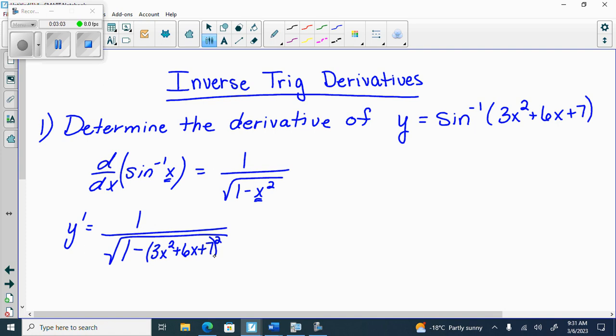Now what have I not done? The derivative of the inside. So I just multiply it behind. So I get 6x plus 6. And technically that's just going to join the 1, because this is 6x plus 6 over 1, correct? So it ends up just going in the numerator.